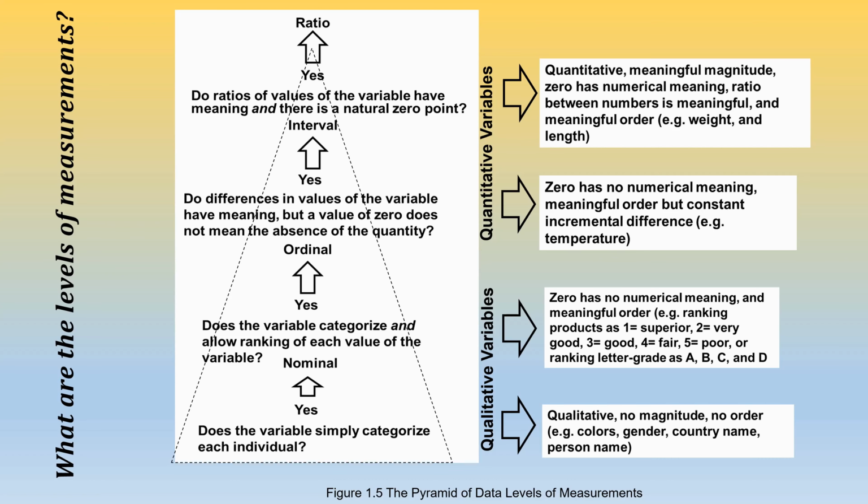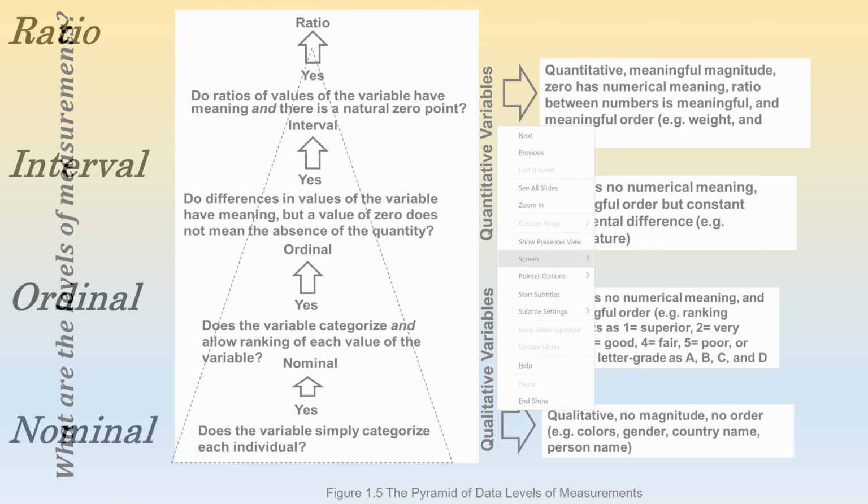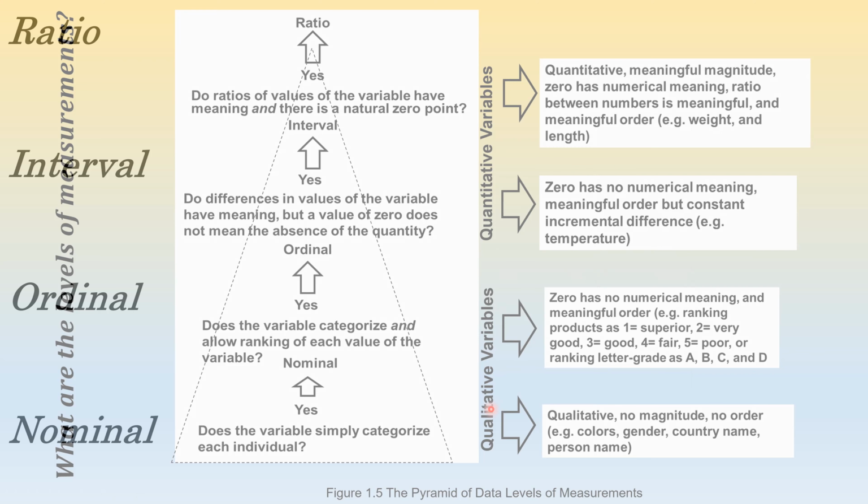It starts with qualitative variables, as you can see here, and then it goes all the way from qualitative variables to quantitative variables. The most basic variable is what we call nominal. The top of the pyramid is what we call ratio.